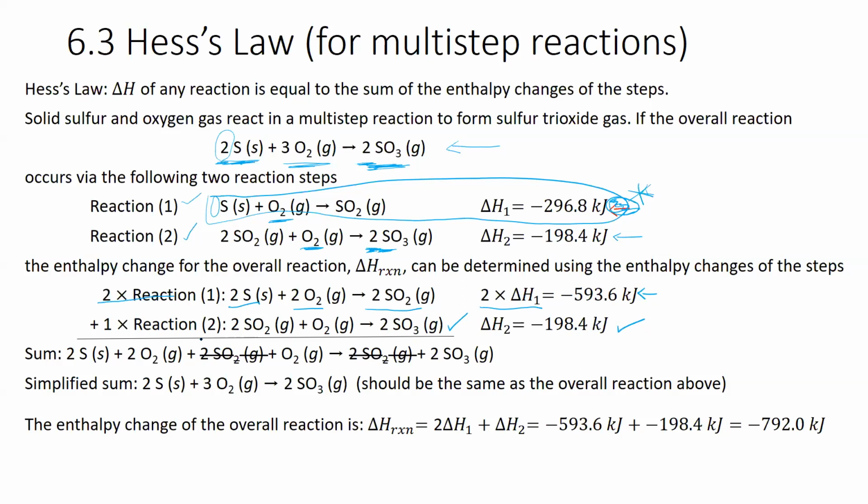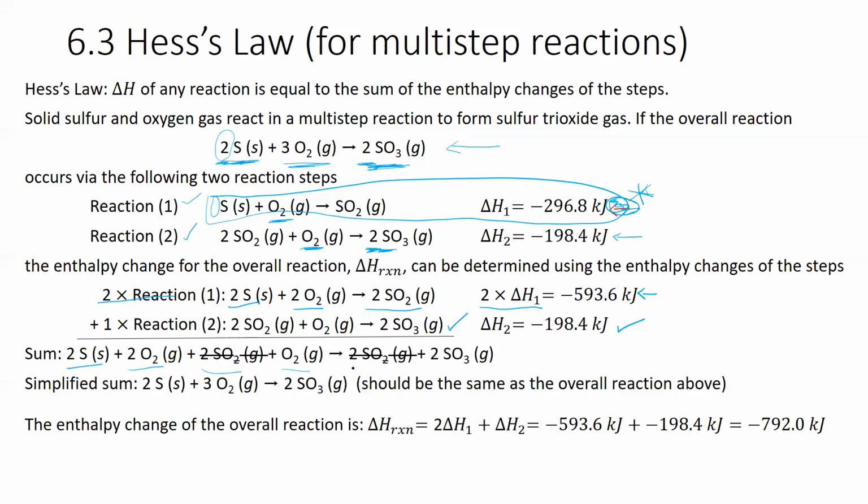Now, if we add those 2 chemical reactions together, right? So we just take all of the reactants. So the reactants from the first equation, so 2 sulfur plus 2 oxygen, right? Those react to form, and we take the reactants from the second equation, 2 sulfur dioxide plus oxygen, and then we put our arrow in the middle, right?